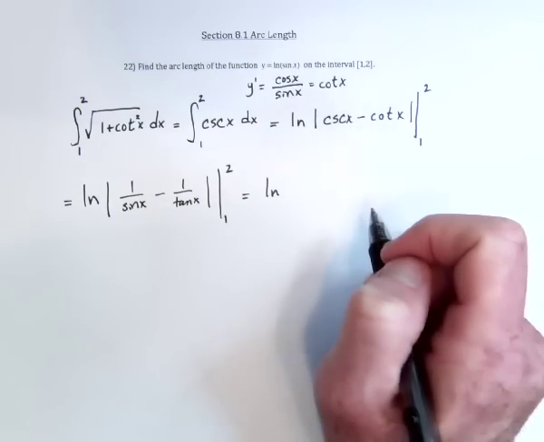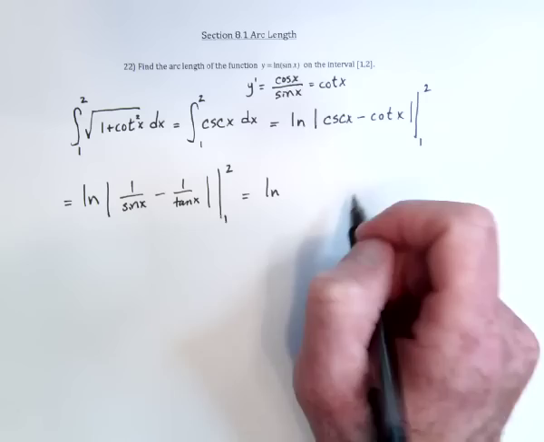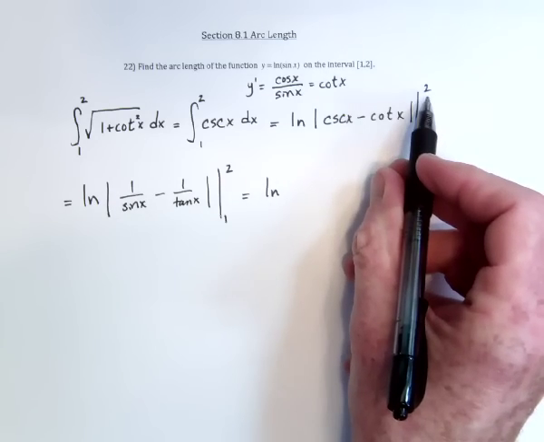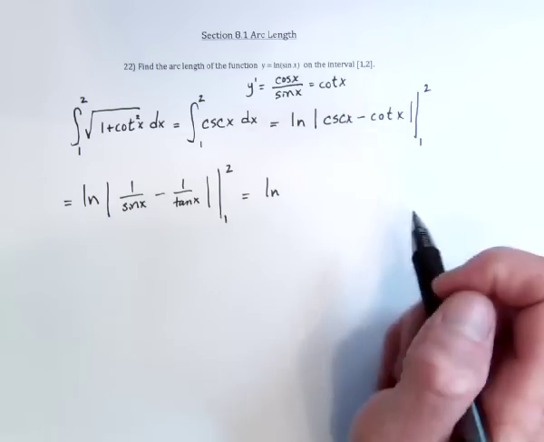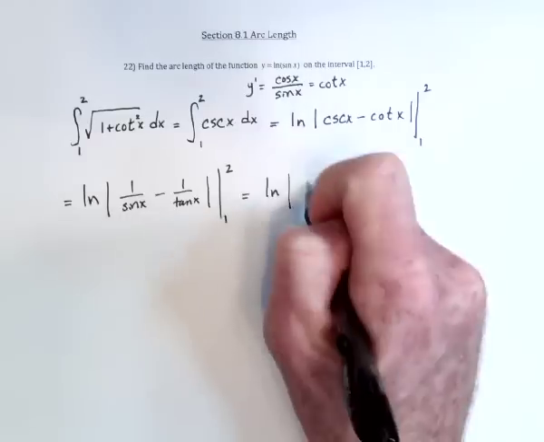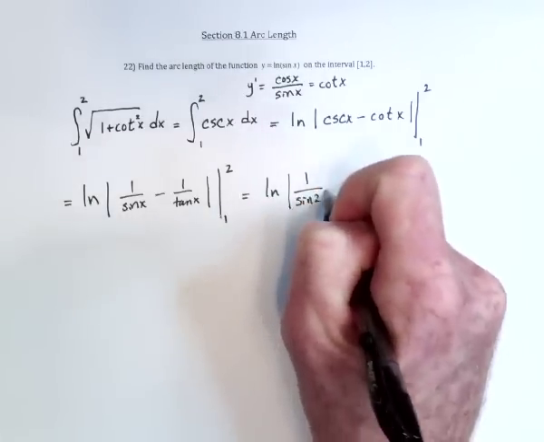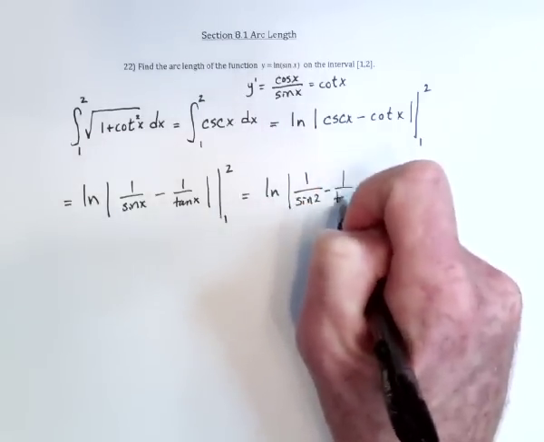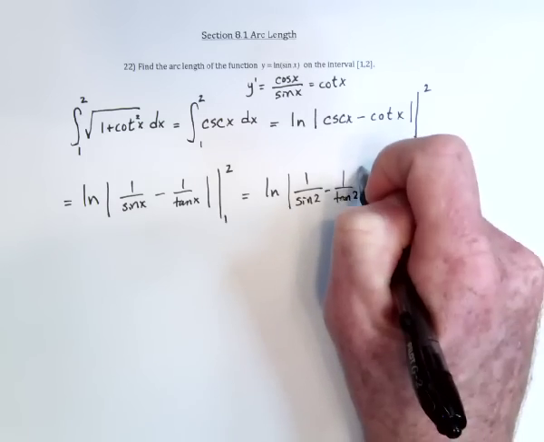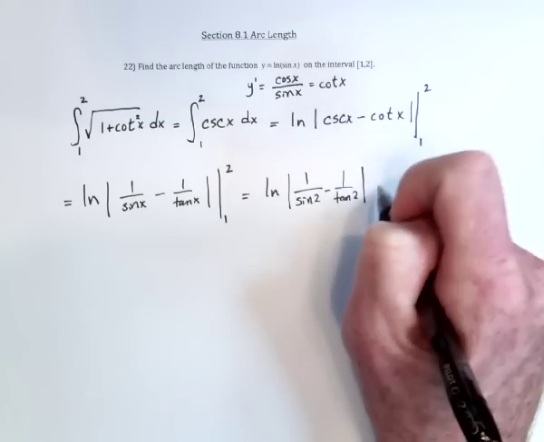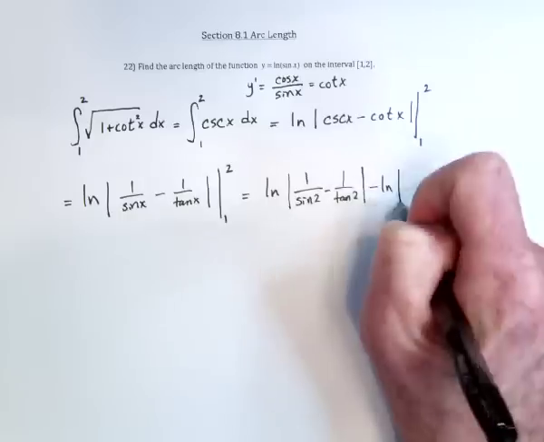So natural log, and because this does not say degrees, we're going to have to make sure the calculator is in radians. So we've got 1 over sine of 2 minus 1 over tangent of 2, minus the natural log.